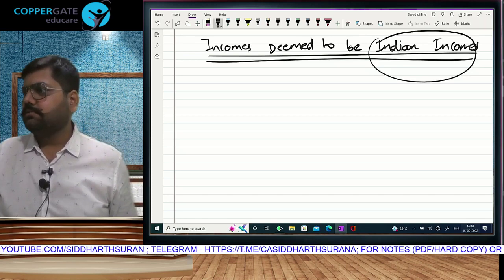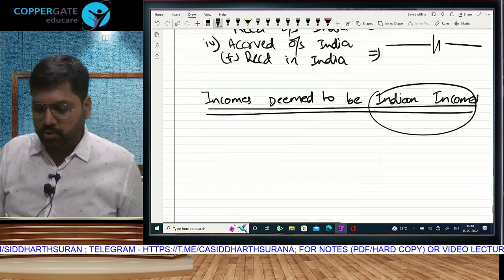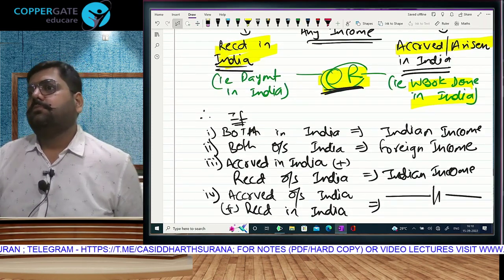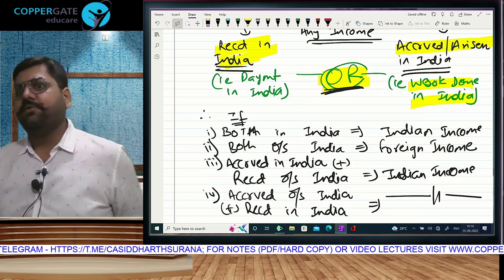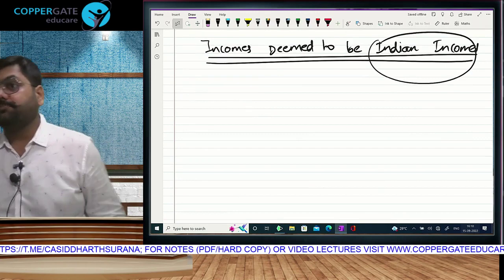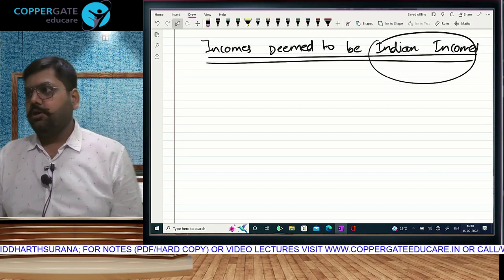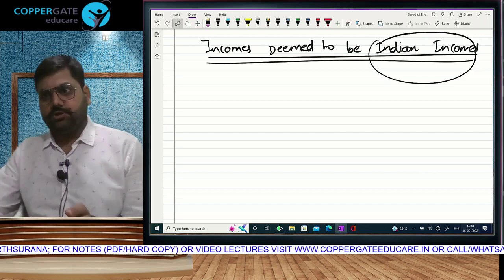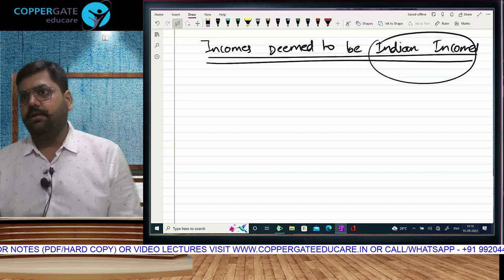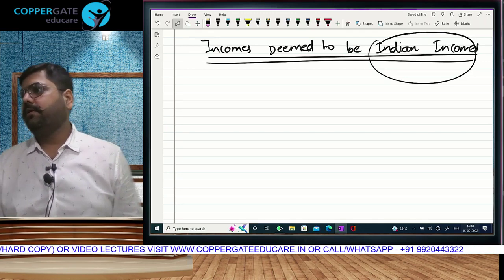Who pays tax? Everyone. Under the normal rule, when does income become Indian income? Received or accrued, any one of them. In these incomes, it is possible that it accrued outside, maybe received also outside, but we will treat them as Indian incomes.